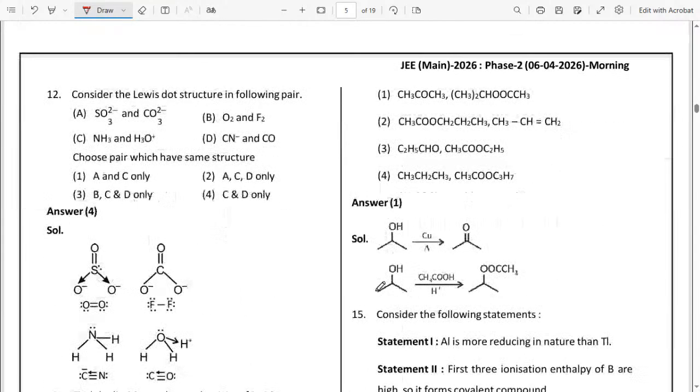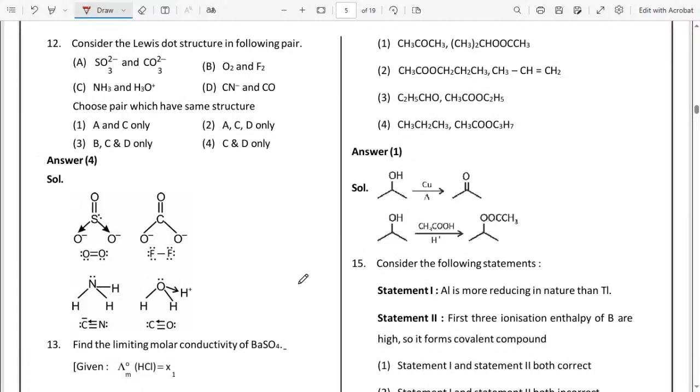Next, consider the Lewis dot structure in the following pairs. What they are asking is to choose the pairs which have the same structure. So C and D only. What are they? Ammonia and H3O plus, and CN minus and CO. What are the structures?